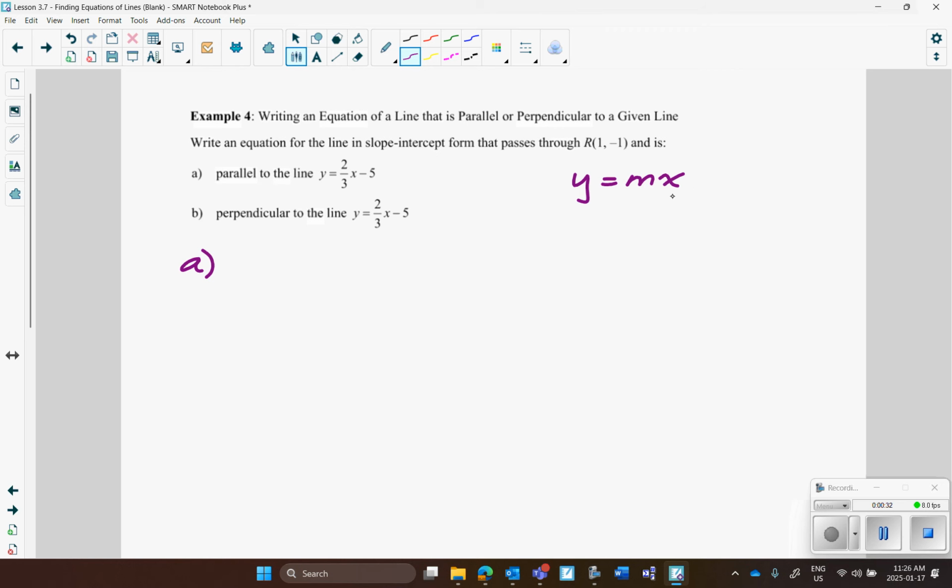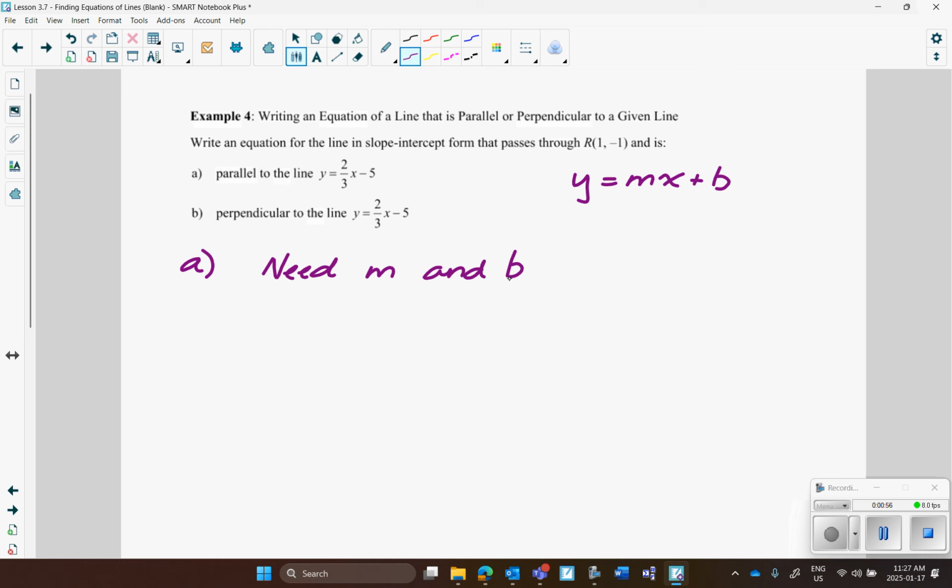Therefore, to start every one of these questions, we need m, the slope, and b, the y-intercept. And it's either going to give it to you in the question directly, or you have to figure it out.